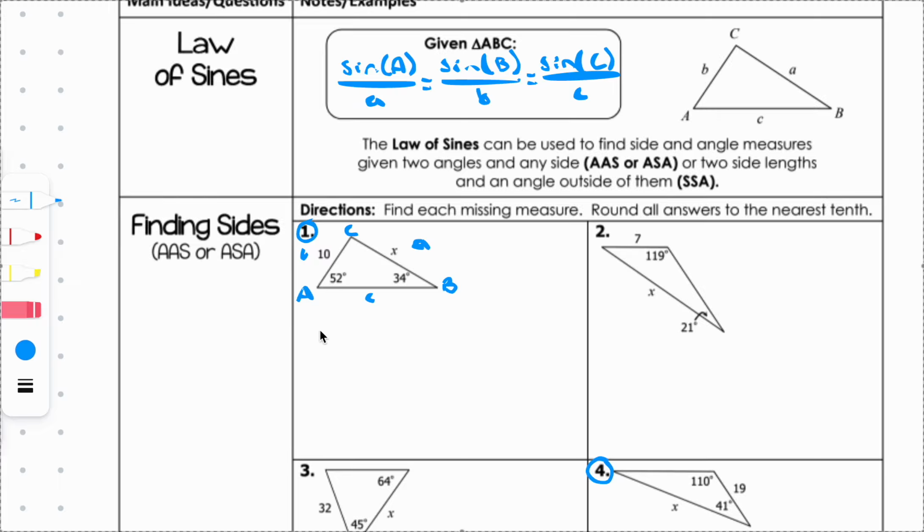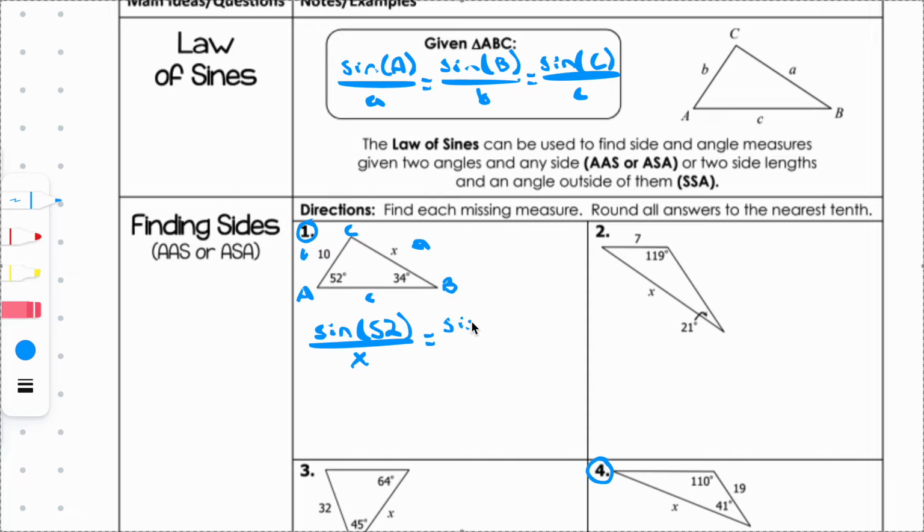Okay, perfect. So what law of sines states is that sine of big A, so sine of angle A, which in this case is 52, so I'm going to say sine of 52 divided by the side length of the side opposite of that angle. So that would be this little a, which is equal to x, is equal to sine B over B or sine C over C. So in this case, we want to see where do we know angle B or little b or angle C and side C. And so in this case, we have this pair, where we have angle B, which is 34.